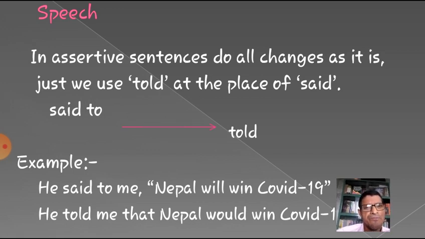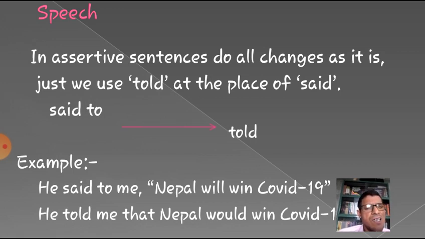In the same way, say to can be changed into tell, and says to can be changed into tells. So these are the things you should do, and other things are as they are.